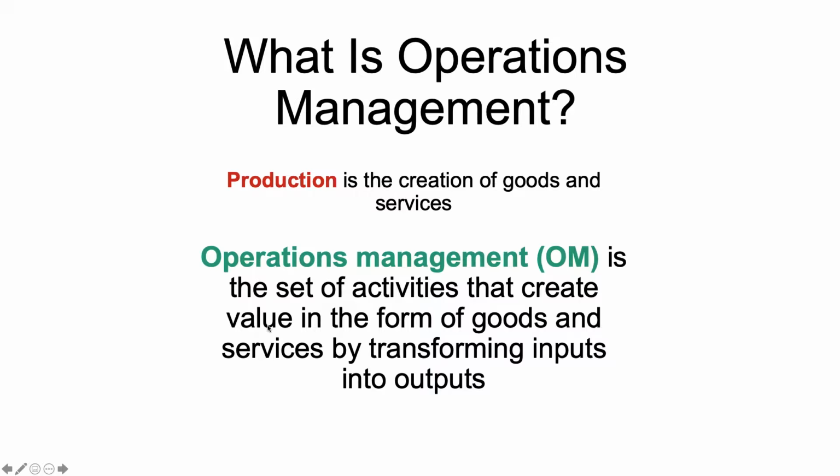It's where we put some value. That is the main differentiation between both, because the final result of the production is the creation of goods and services. As I told you, it is transforming inputs into outputs. It is the same result, right?